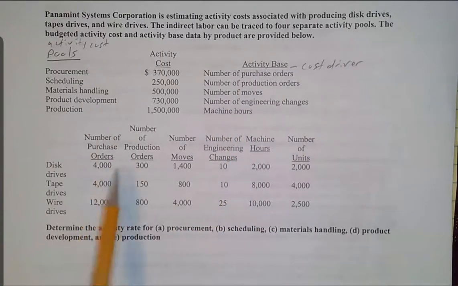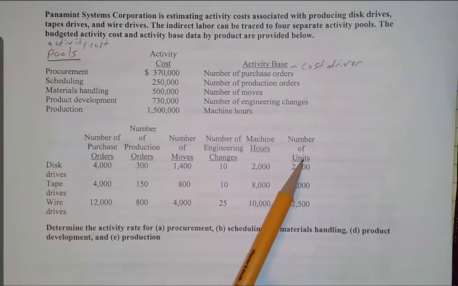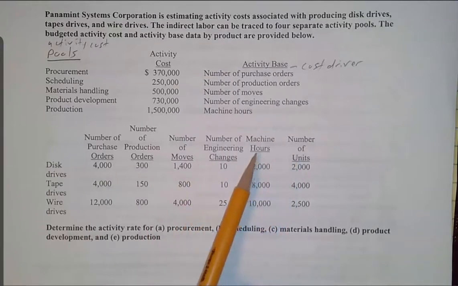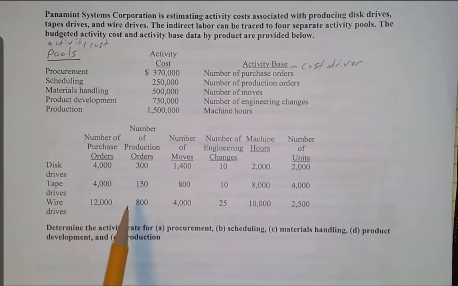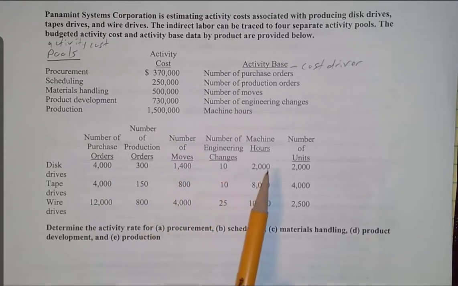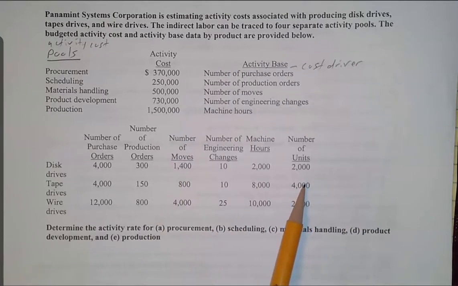So down here we have the frequency with which all of our cost drivers have occurred. So all we have to do to answer this question is add up all of the purchase orders, all of the production orders, and so on, number of moves, number of engineering changes, machine hours, and number of units.